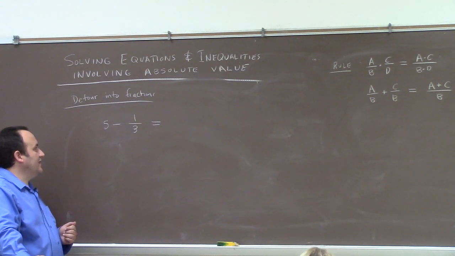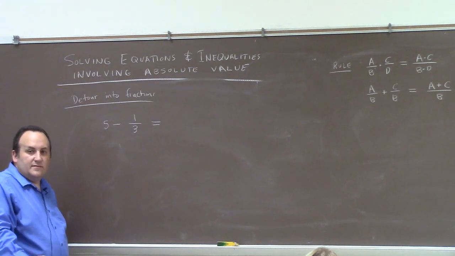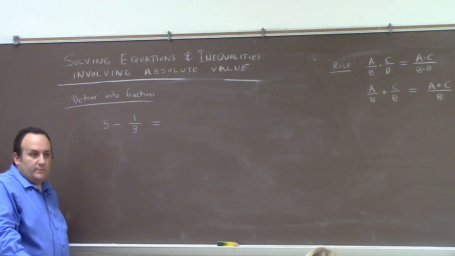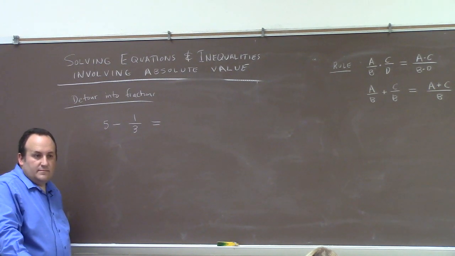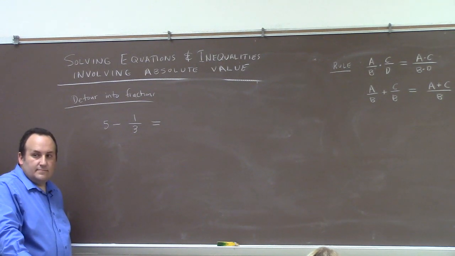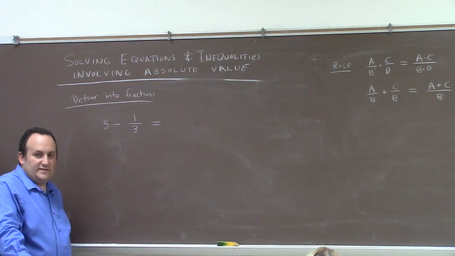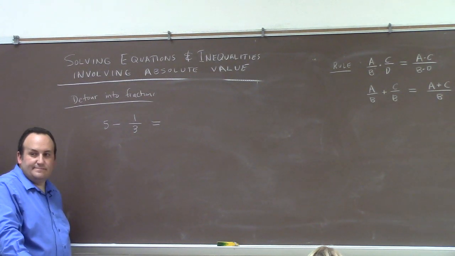Put a 1 under the 5? But that won't help because it's not the same denominator. Right. I mean, you got the right idea. We put a 1, if you think about that as a 1, right? What's the least common multiple of 1 and 3? It's 3.